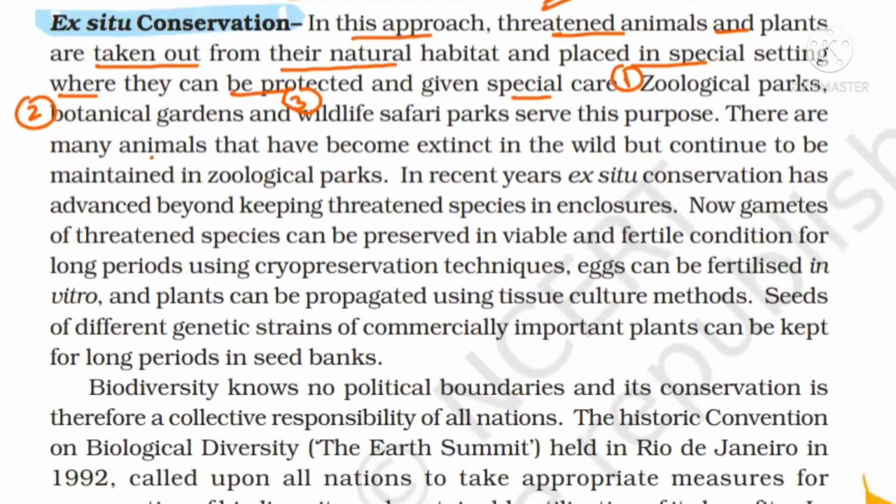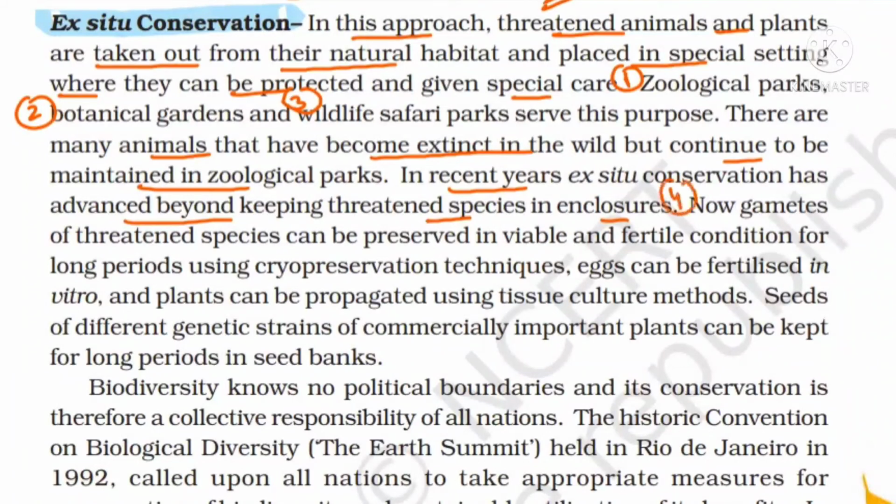There are many animals that have become extinct in the wild, but they continue to be maintained in the zoological park. Now, advancement is going on, and in recent years they have advanced beyond keeping the threatened species in enclosures. Now they are working on keeping the genes also.